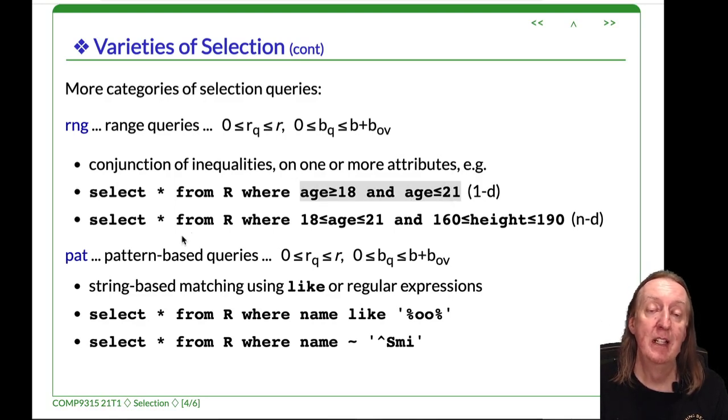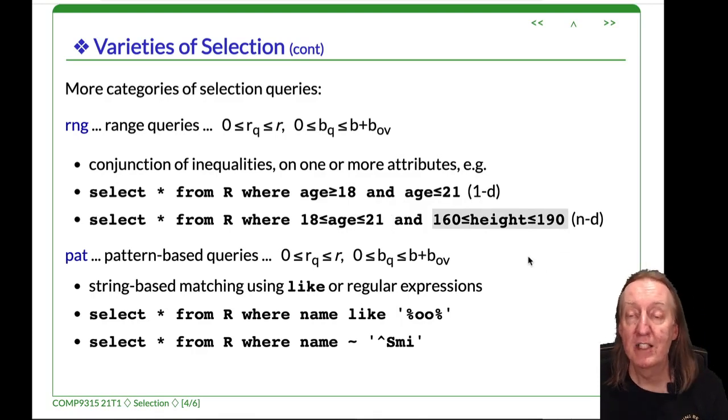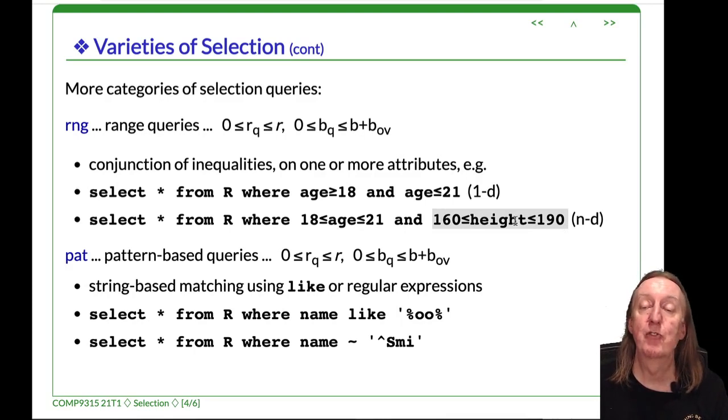And that's one-dimensional because it only involves a single attribute. If we involve multiple attributes, so we're looking for people in this age range, and they must have a height in that particular range, that's, if you like, a two-dimensional query.